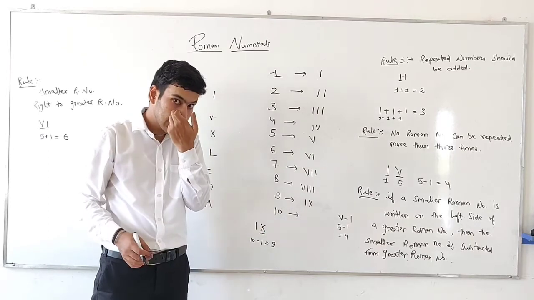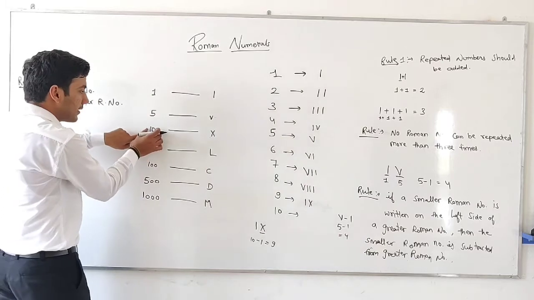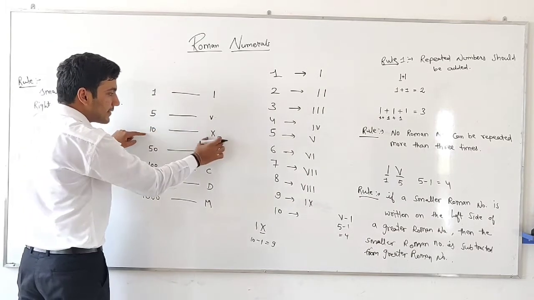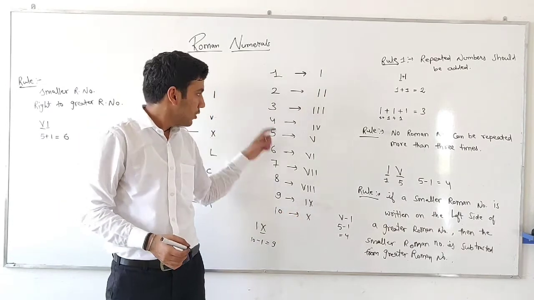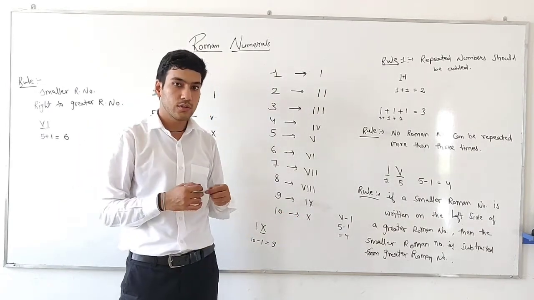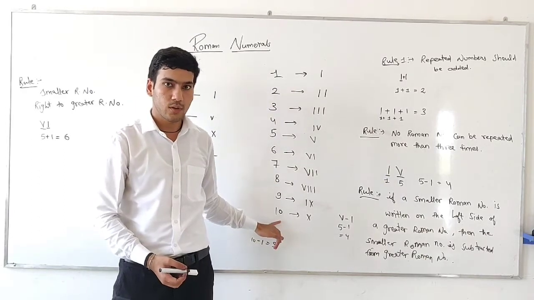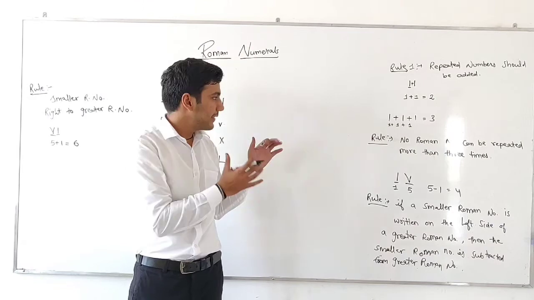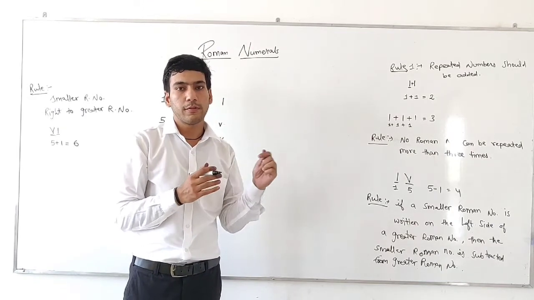Next and last, what is the Roman symbol for 10? You have learned previously that Roman symbol for 10 is X. So Roman symbol for 10 is X. So okay students, so this is the Roman symbol from 1 to 10. Till now you have learned how to represent Roman numbers from number 1 to 10.